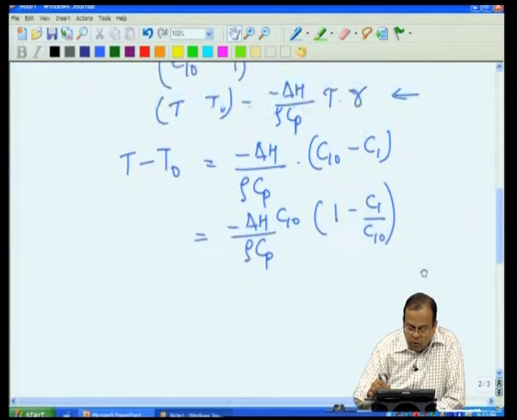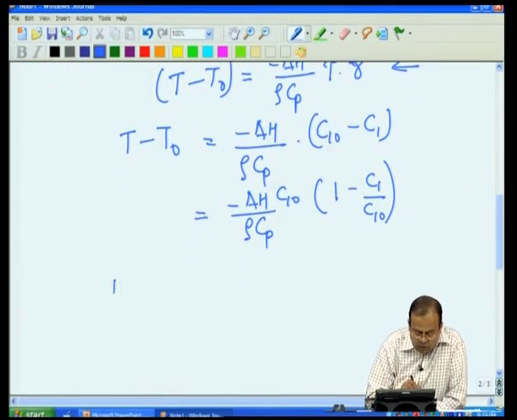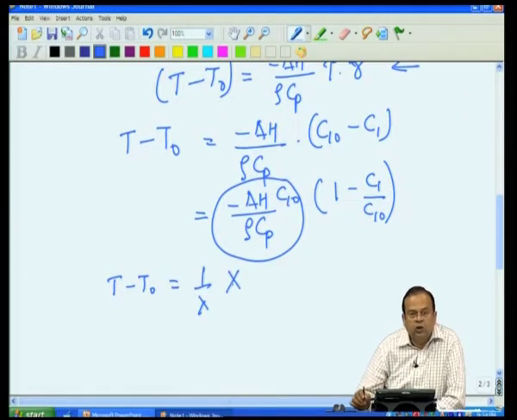So, I am going to now write this energy balance as T minus T0 equals 1 over lambda into x, that is our conversion. What is lambda?